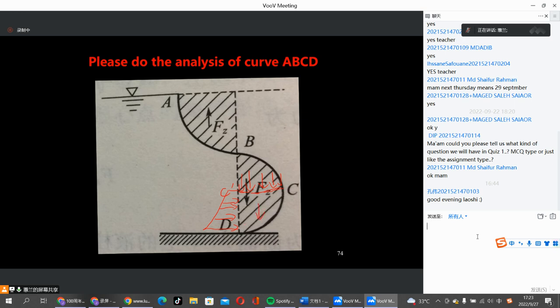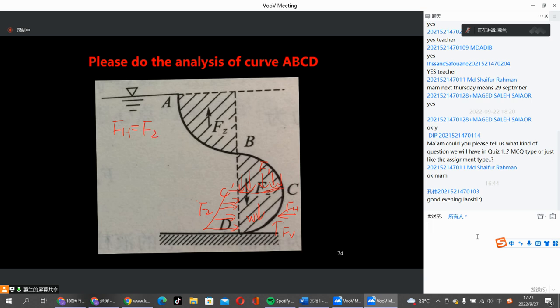We have the weight of this fluid block. For DC, we again have its horizontal and vertical components. Because the fluid is static, we have the equilibrium equations. So this is F2, this is F1. Horizontally, we have H equal to F2, right?